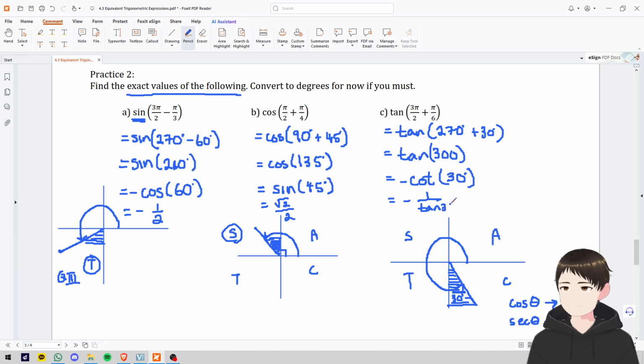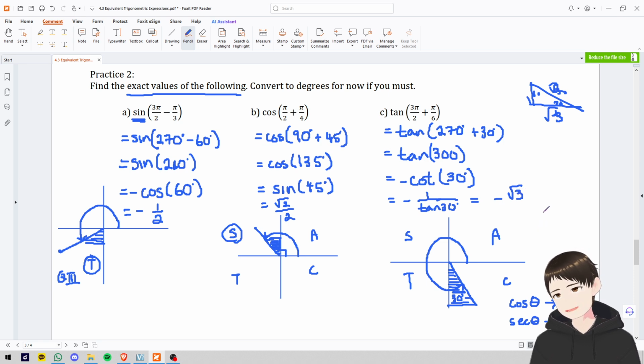30. I actually don't know that off the top of my head. That will have to be, oh geez. Triangle, if that's 30, that's 60, that's 1, 2, root 3. Nope, 1, 2, and root 3. That's my bad. 30, opposite over adjacent, so root 3 over 1. Oof, I hope I'm right on camera.